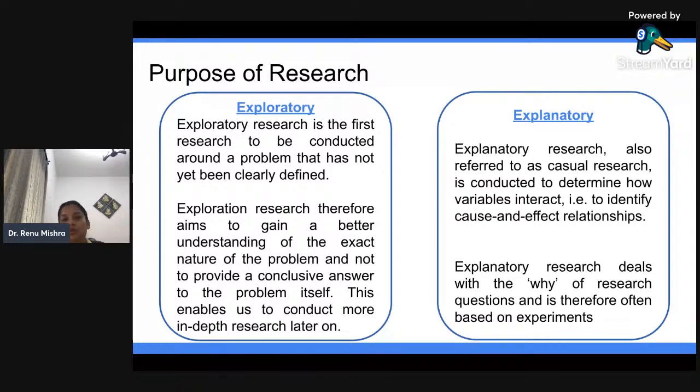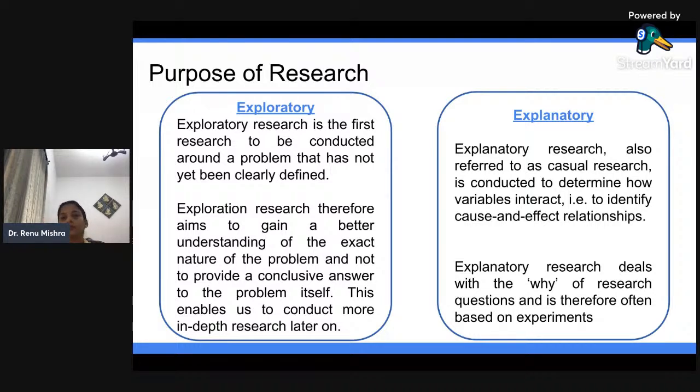When I say exploratory, the term exploratory says explore. Simple. I am not going into the definition as of now. Explanatory says explain. Now, till the time I have this concept in my mind, I can go ahead.